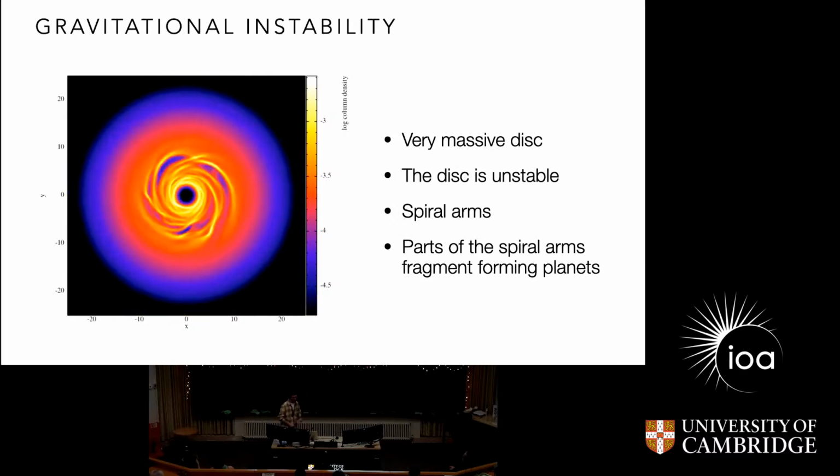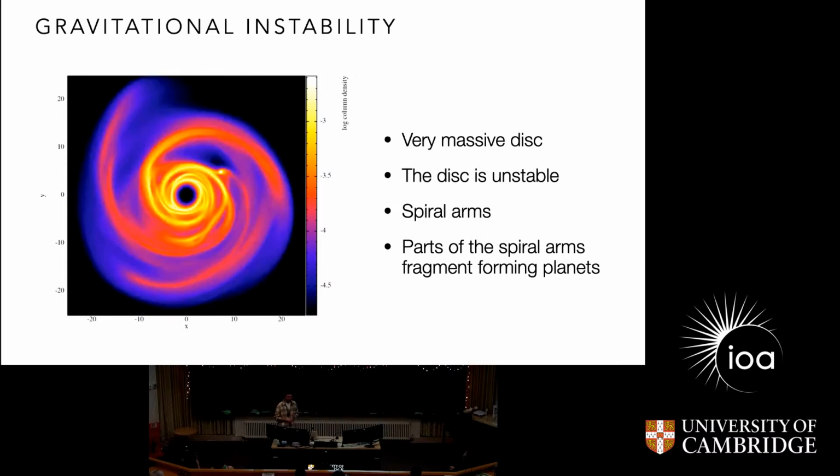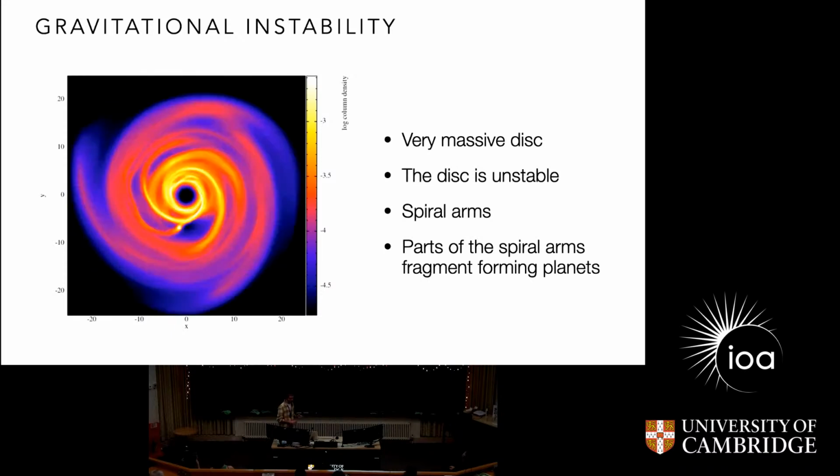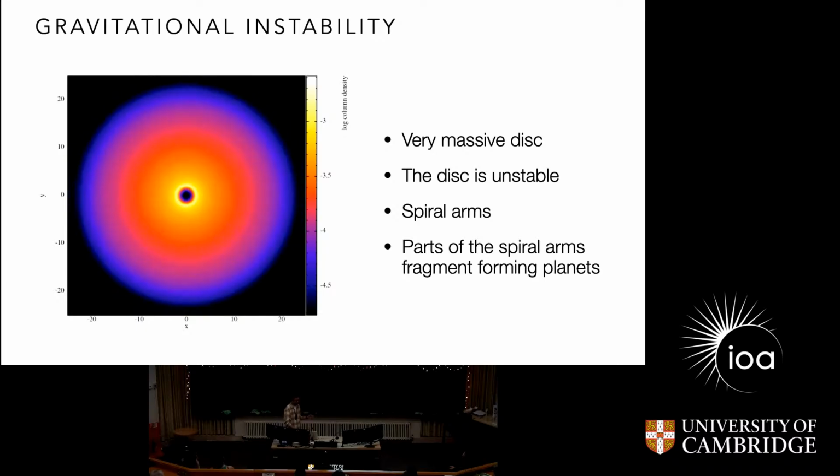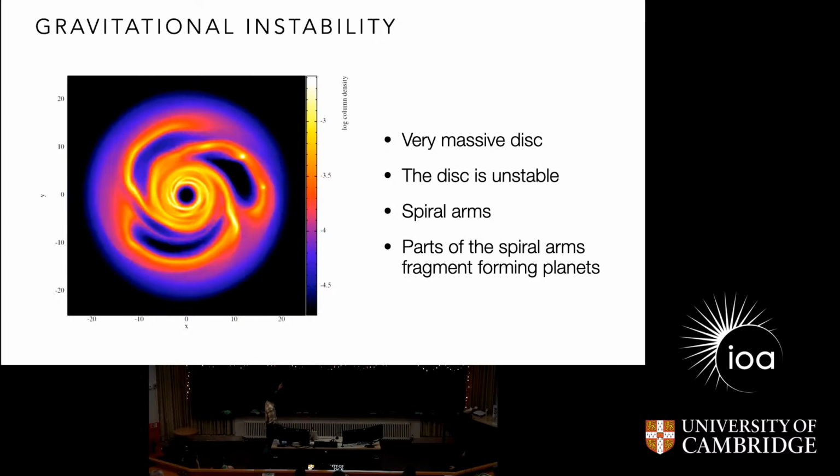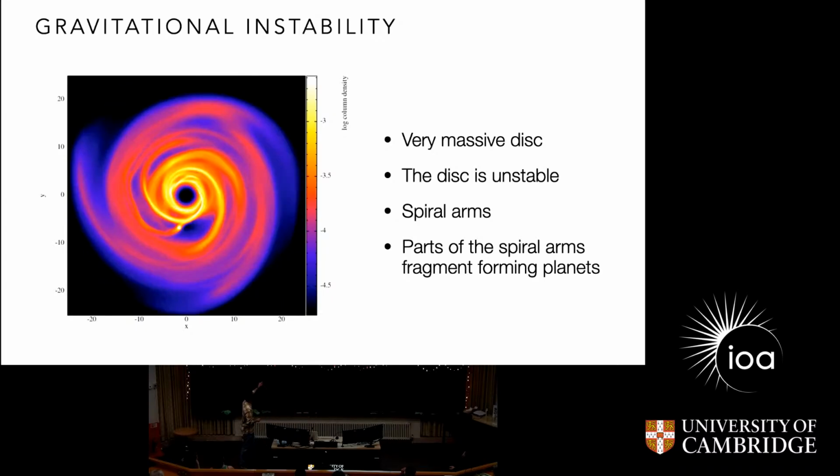So you basically form this spiral pattern, and eventually you see, I will show you again, you form these spirals which start rotating, but the spirals are so dense that you see you form a little clump there, and this is how you form a planet like Jupiter. So the idea is that you have a very massive disk.